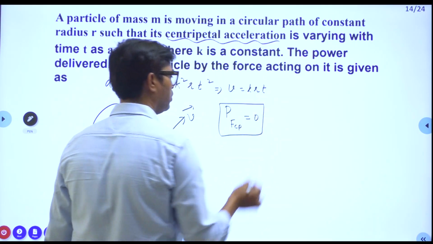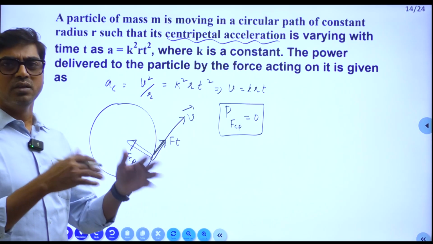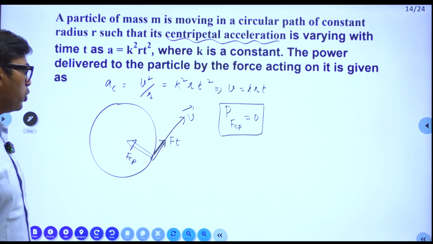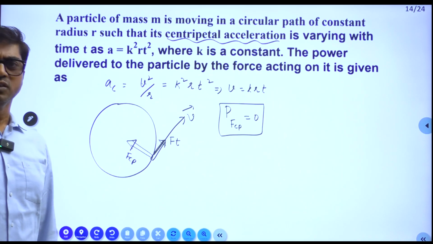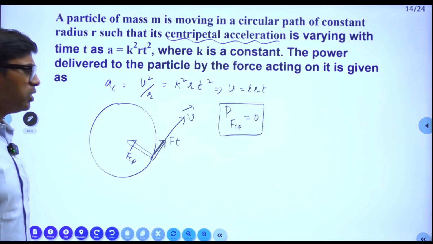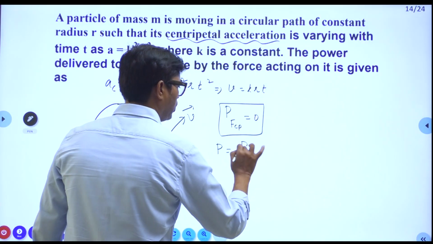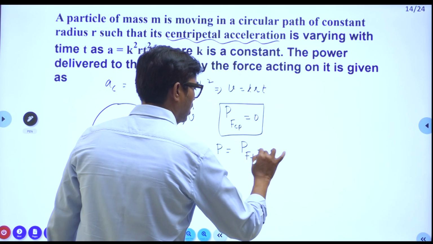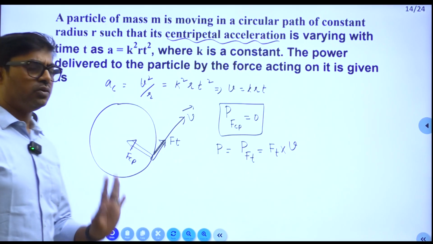That's why power is defined, so we can avoid centripetal force. The forces which are perpendicular to velocity cannot do work, like magnetic force cannot work. So power delivered by the force means only power delivered by tangential force, and that is equal to tangential force into velocity.